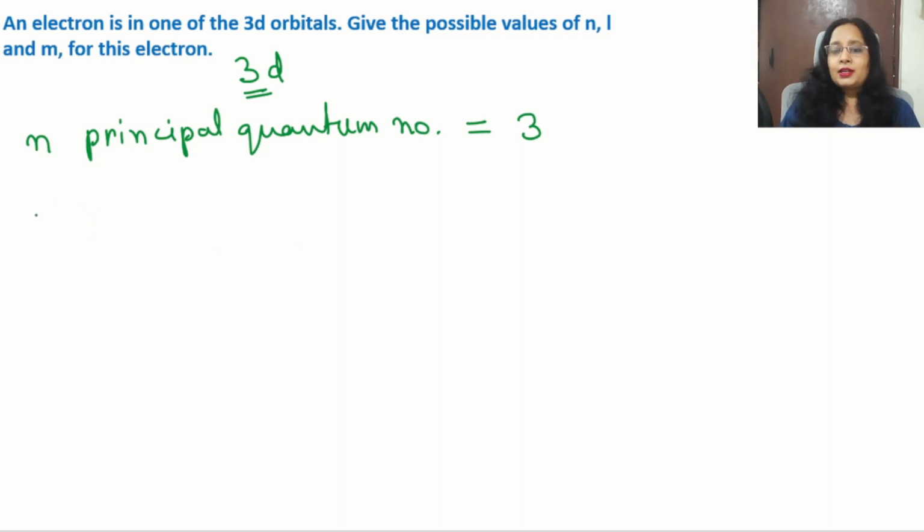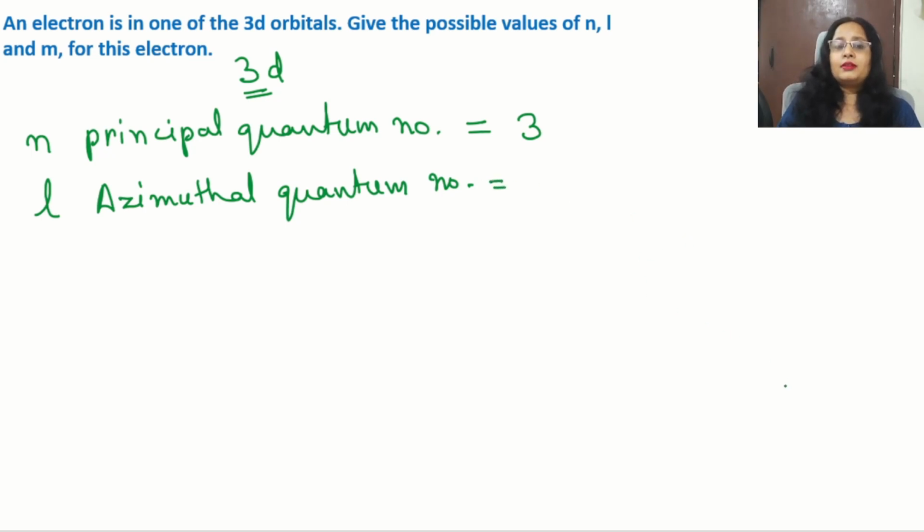Next in the list is l. It is also known as the azimuthal quantum number. It is marked by the concept that in any shell we have s, p, d, f subshells, like sections.